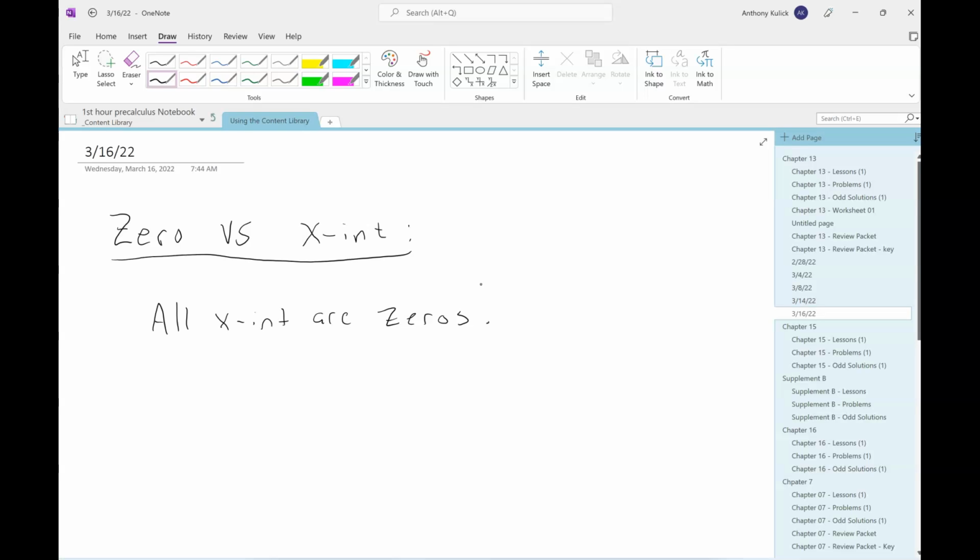Now, what's the catch here? Some x-intercepts count as more than one zero.